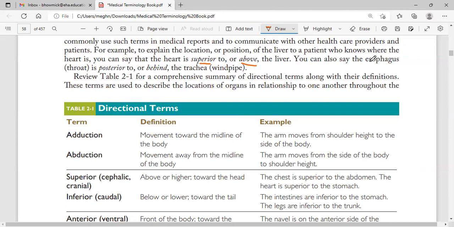You can also say the esophagus is posterior to, or behind, the trachea. The trachea is anterior the other way. So review Table 2.1 for a comprehensive summary of directional terms along with their definitions. These terms are used to describe the location of organs in relationship to one another throughout.